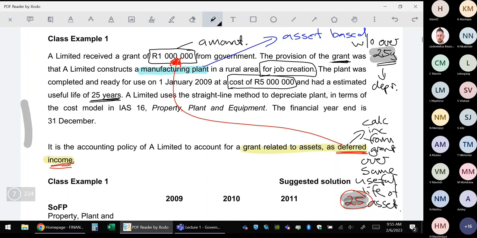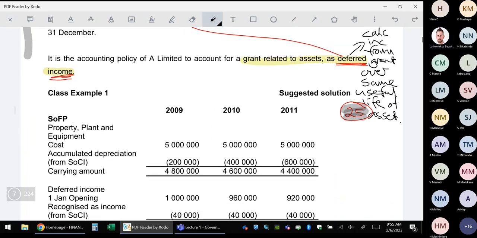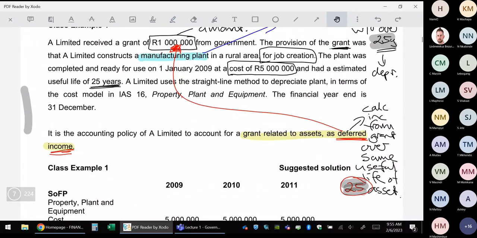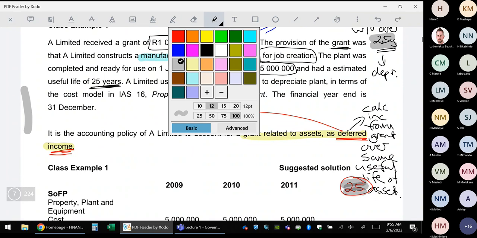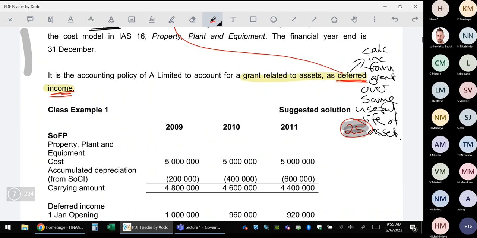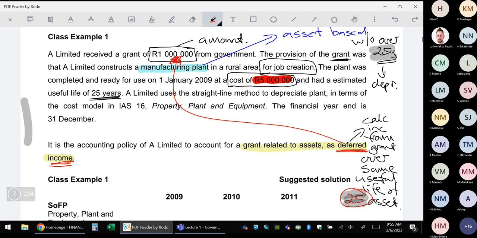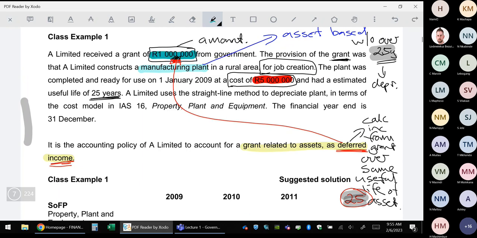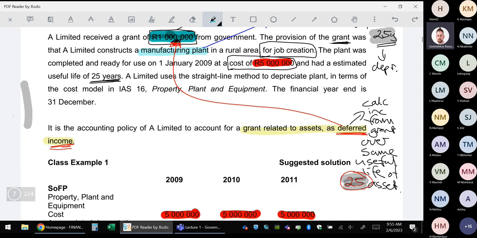So in this one, there's our cost. There's the grant.